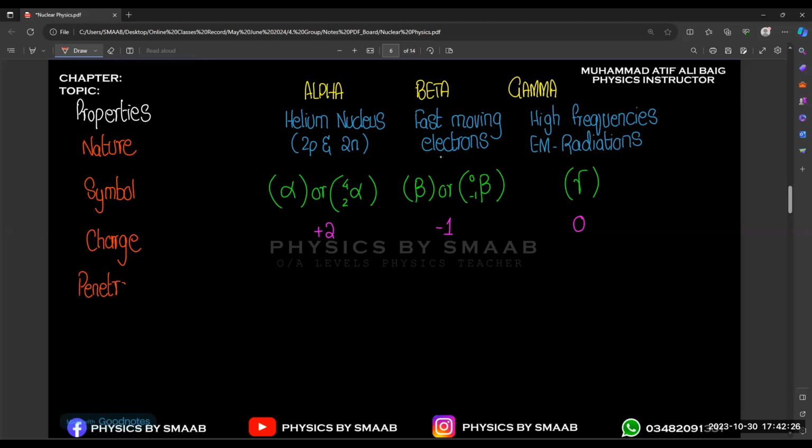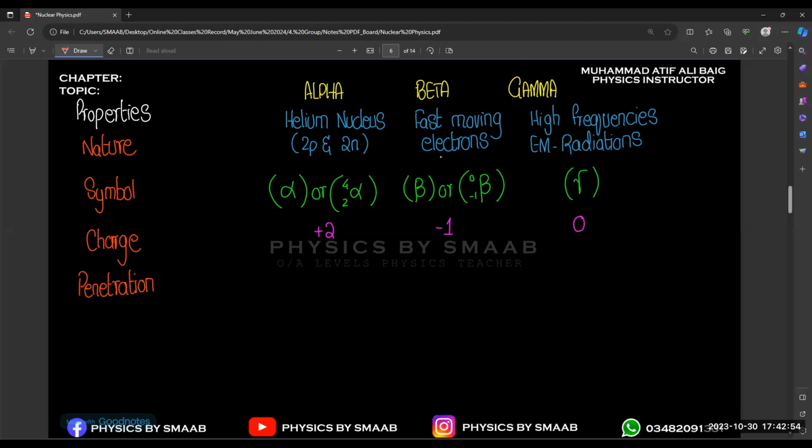I think alpha are the least penetrating, beta are in the middle, and then gamma are the most penetrating, right? So if we talk about the concept of penetration power, you can easily compare their sizes.